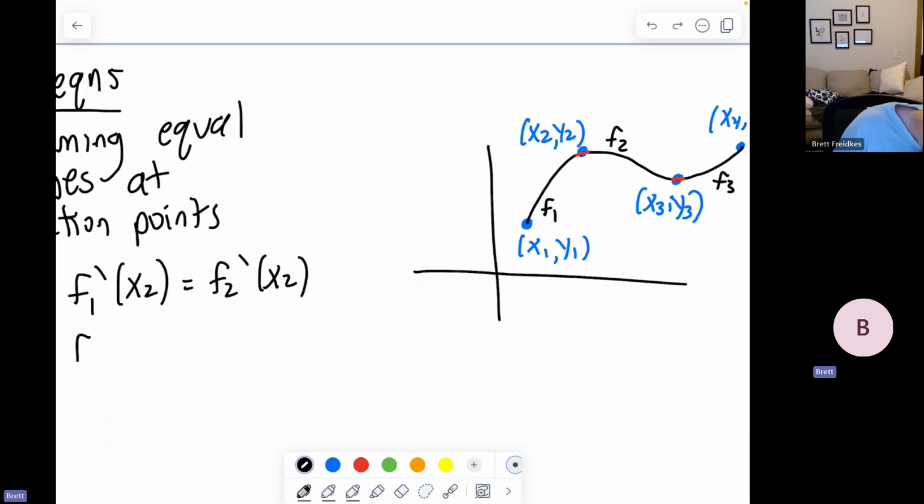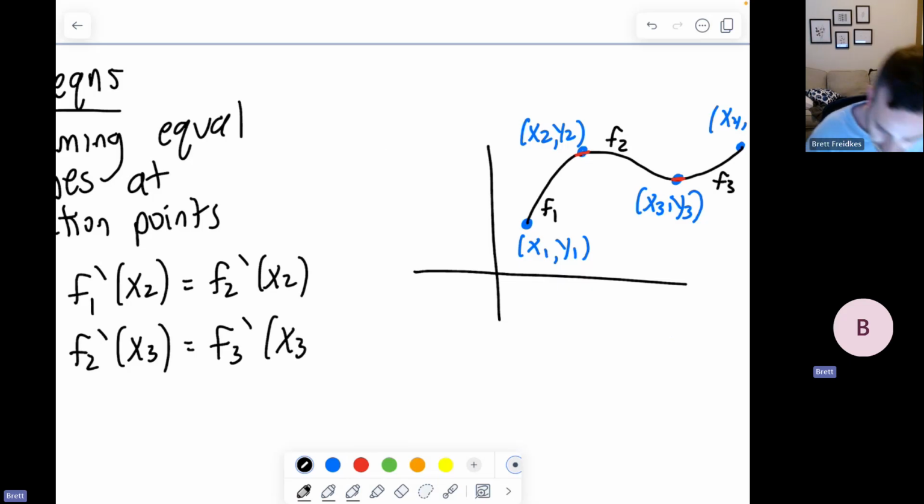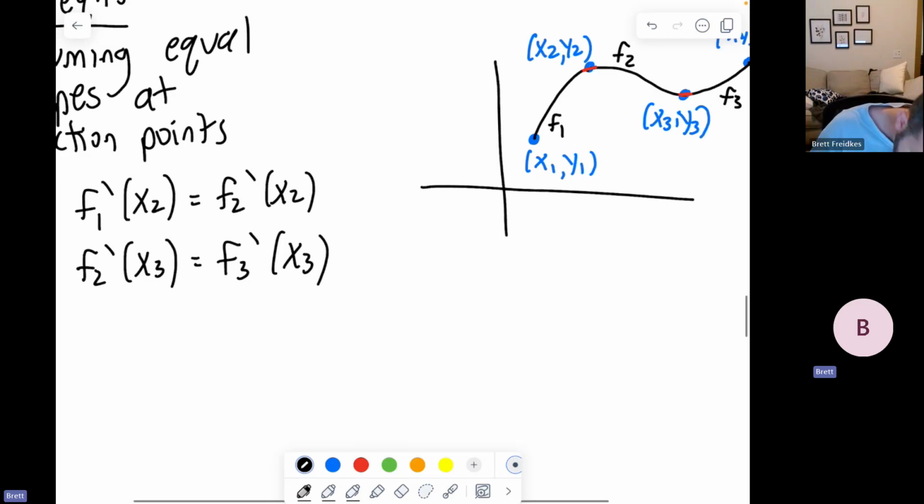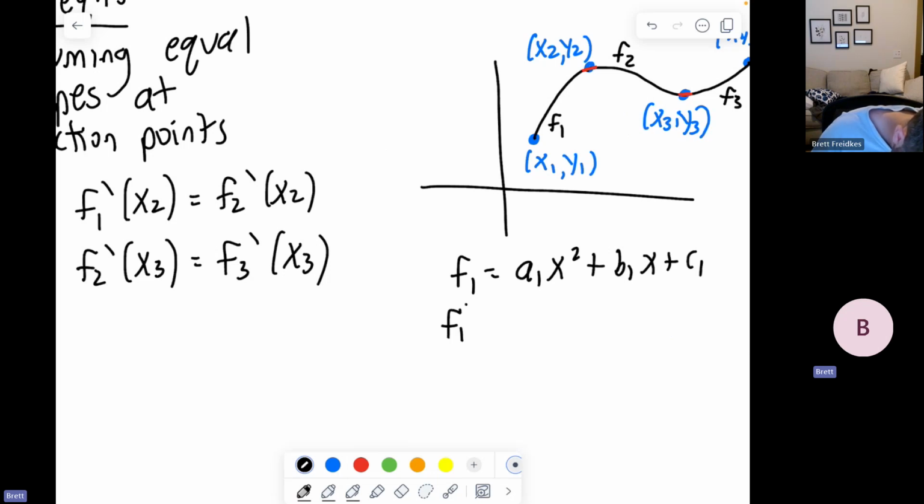This will give us f2 prime at x3. That has to be the same as f3 prime at x3. And again, just to be thorough, f1 is a1 x squared plus b1 x plus c1. If we take the derivative of that with respect to x, we'll get 2a1 x plus b1.